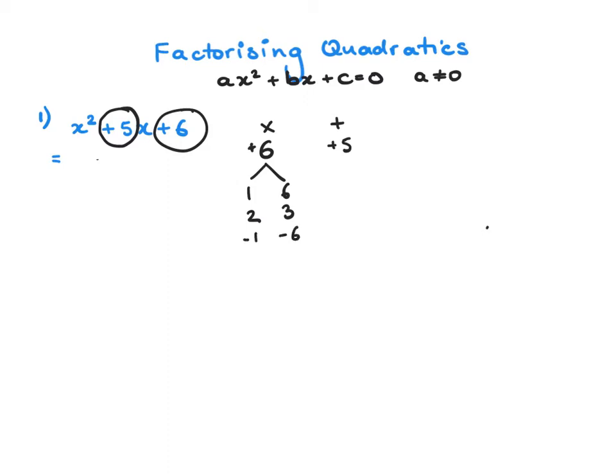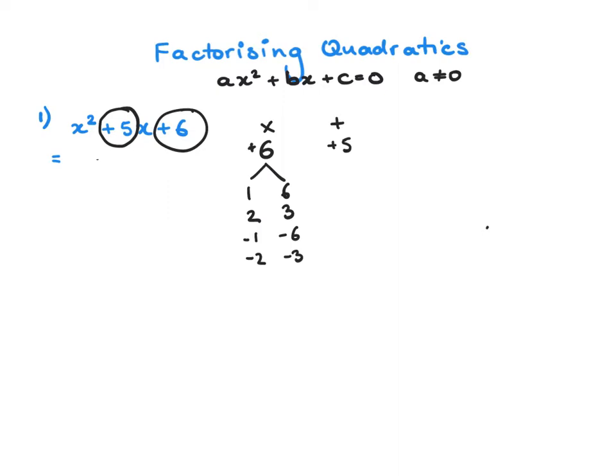Negative and negative, when we multiply them, is going to give us positive. And -2 and -3. In this case, I didn't have to list them all, but I'm just showing you so that you know if you need to list more than one, if it's not easy to spot two numbers, the factors of 6, when you add them together to give us plus 5.